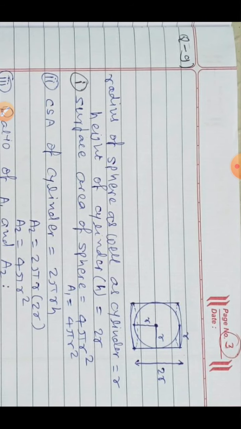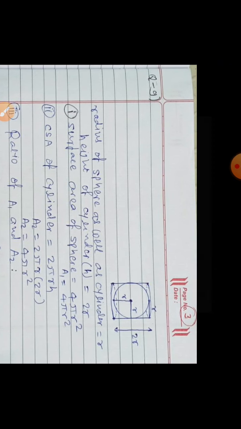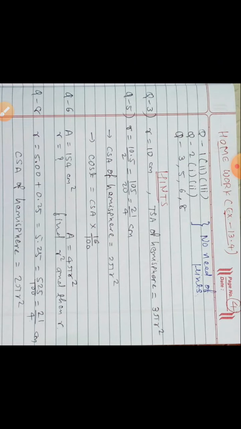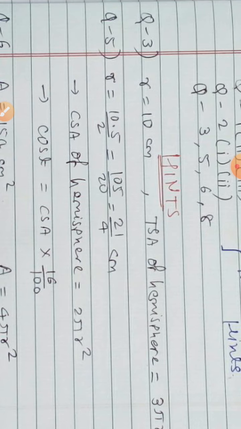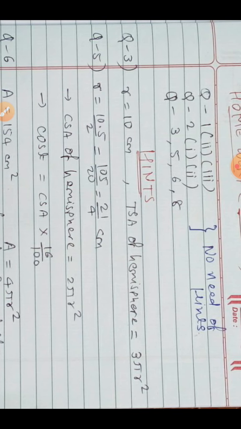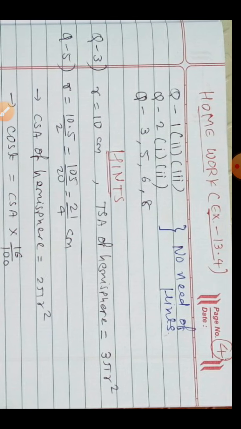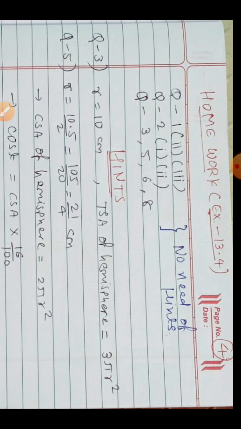Okay, now go to homework. We solved 4 or 5 sums here. So all remaining sums from that exercise, 13.4, are homework. I tell you again, I have written the numbers: all remaining sums except the solved sums are homework.